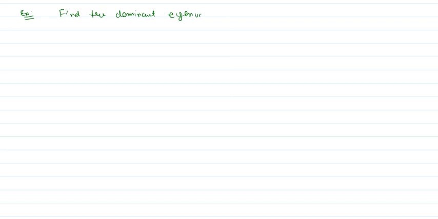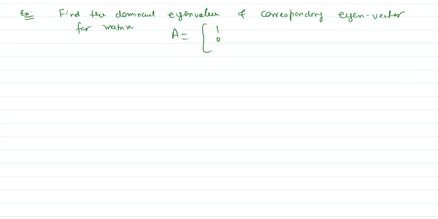Find the dominant eigenvalue and corresponding eigenvector for the matrix, and I am again taking 3 cross 3, that is 1 0 0, 2 minus 3 0, 3 9 minus 0.5, and you can see this is a lower triangular matrix, so eigenvalues are just diagonal entries, and these eigenvalues are 1, minus 3 and 0.5.